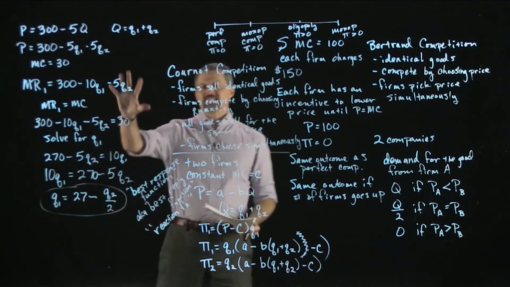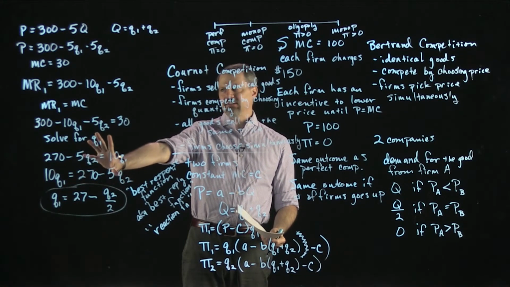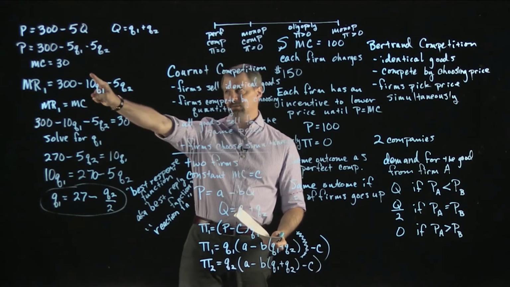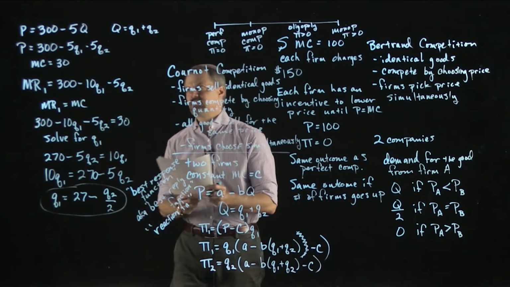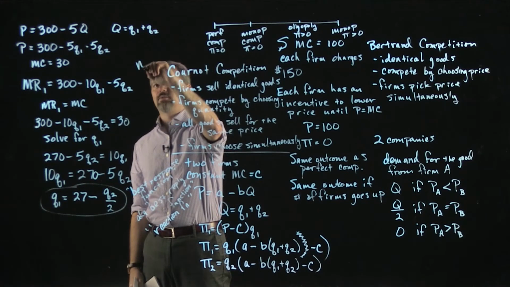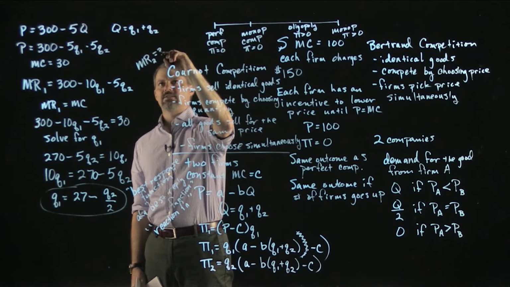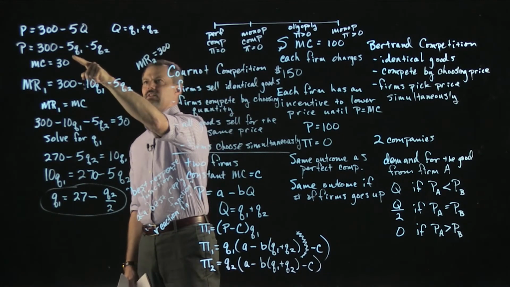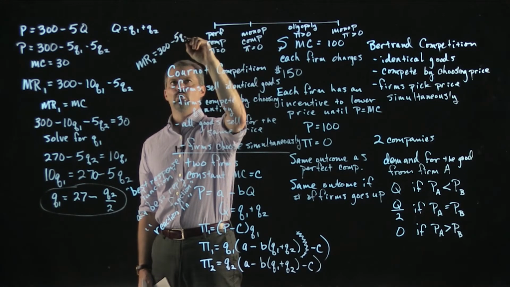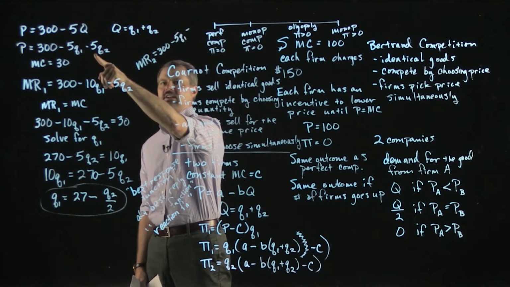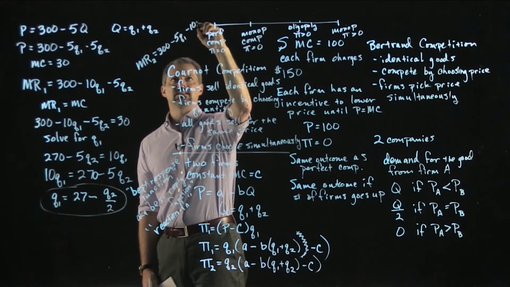If you do this same process for firm 2, and I would encourage you to do that, you'll see something really nice. If you assume that firm 2 also has a marginal cost of $30, the marginal revenue for firm 2 is going to look like this. It's going to be the same intercept. We leave the part that has to do with the other firm alone, so minus 5Q1, and then double the part that has to do with firm 2, double the slope, minus 10Q2.